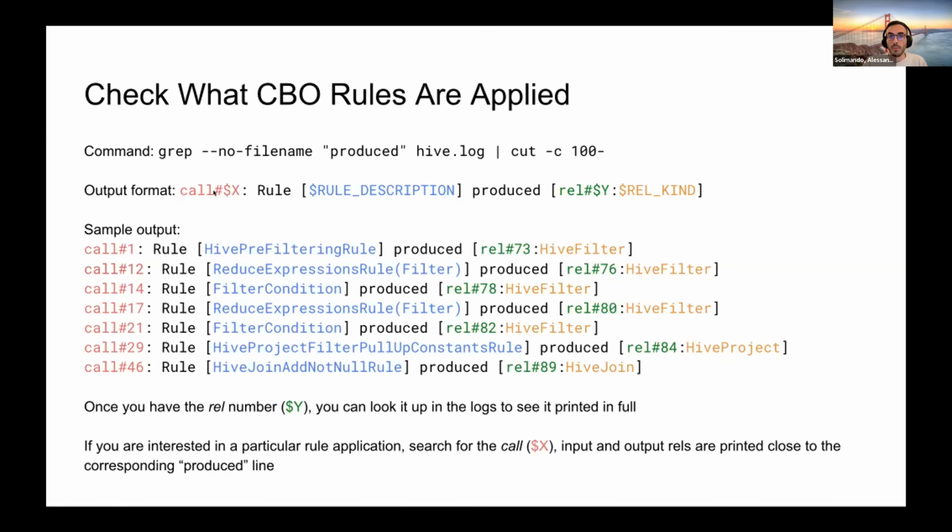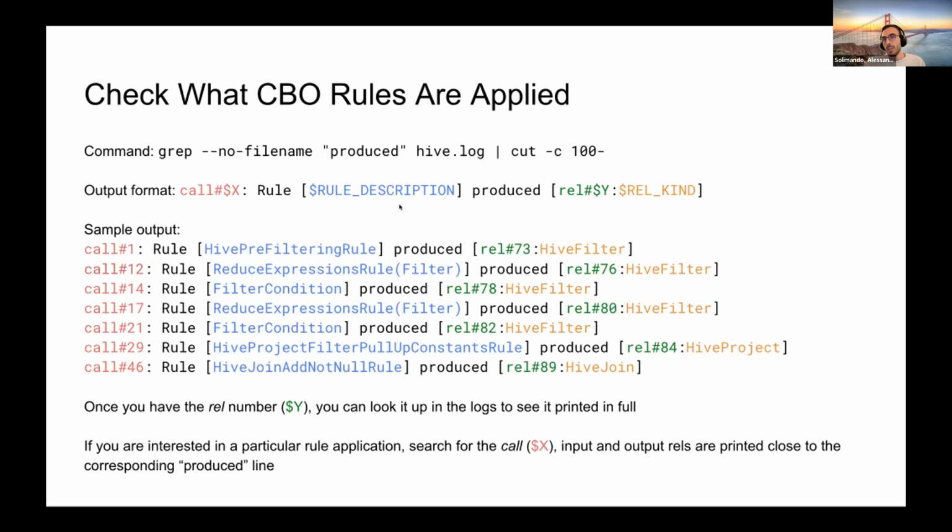The output format goes as follows. You have the call number, you have the rule description in square brackets, then you have the rel number of the rel that is created, followed by its rel kind.